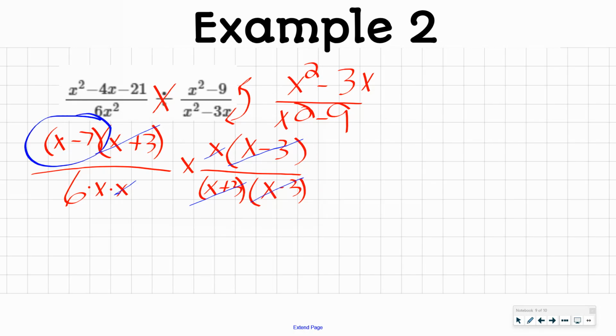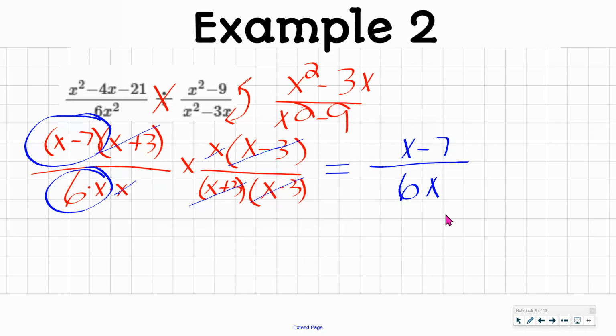I have x minus 7 on top, nothing else. I have 6x on the bottom, nothing else. Right? So our final answer is going to be x minus 7 all over 6x. Just bring everything that's left straight across. Nothing to multiply it by.